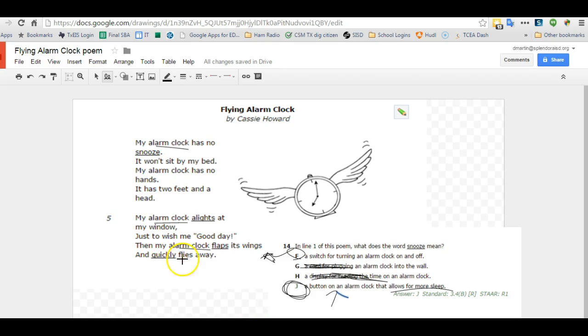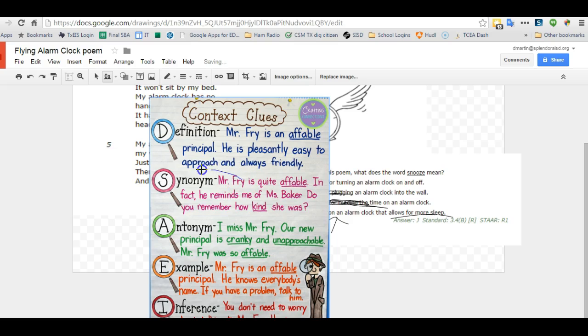So in this particular question, not a lot of opportunity to use clues here, but I would bring in this little page, which I got off of Pinterest, that talks about the different ways.